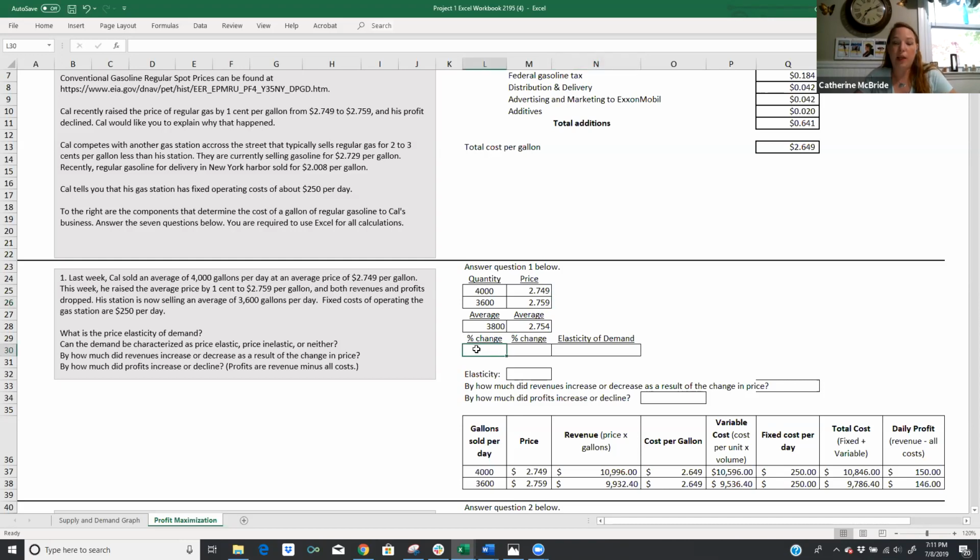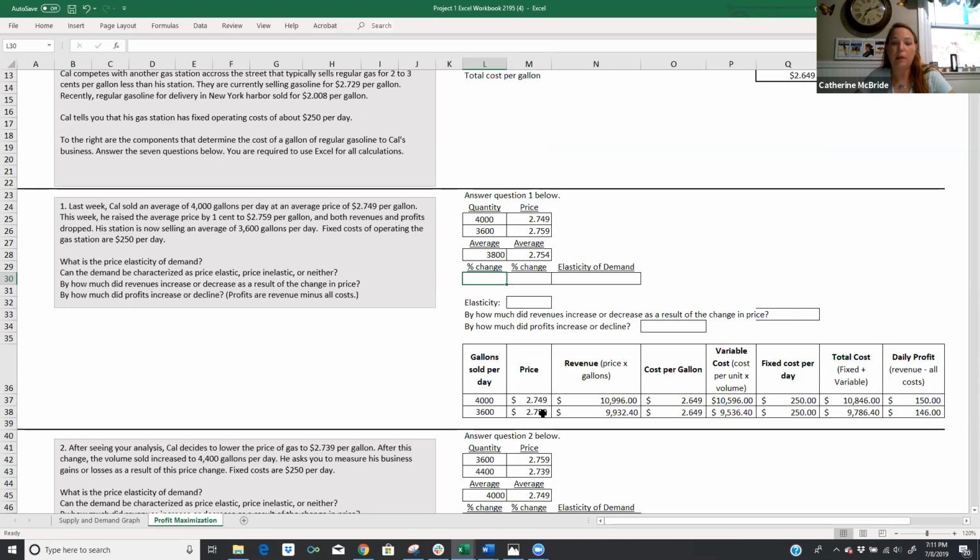The next thing you're going to do is calculate the percentage change. All right, the next thing that you're asked to do is calculate the percentage change for the quantity and the percentage change for the price.